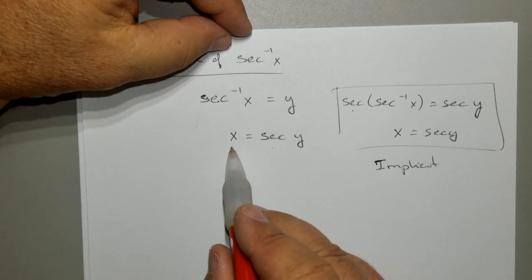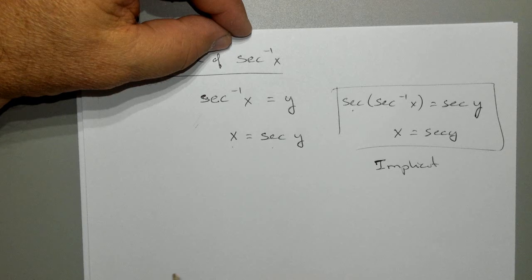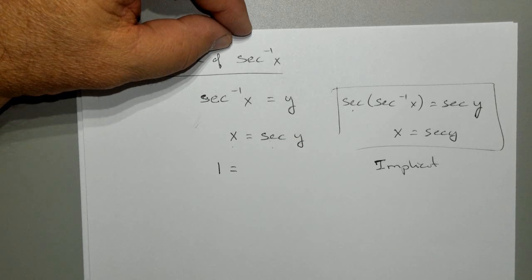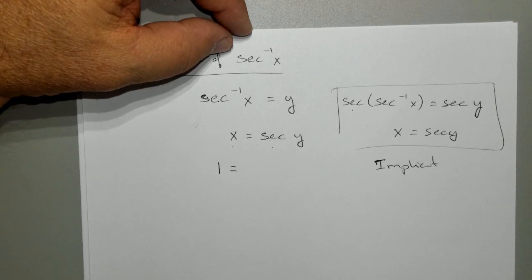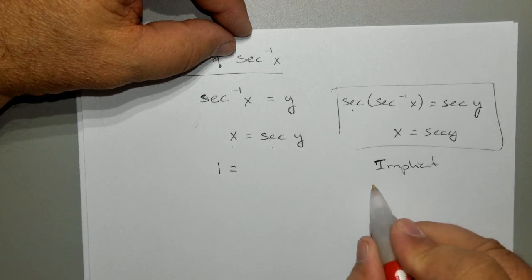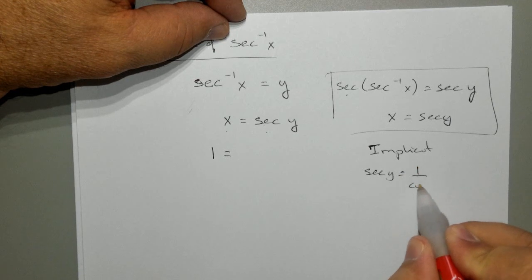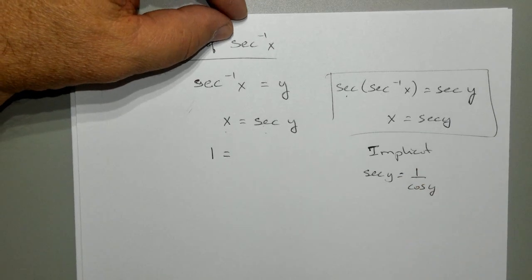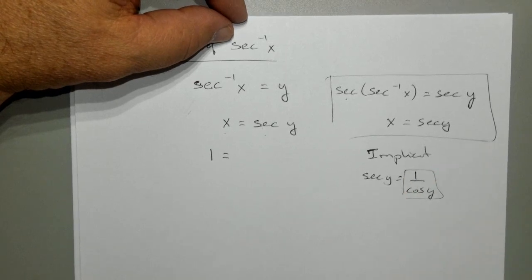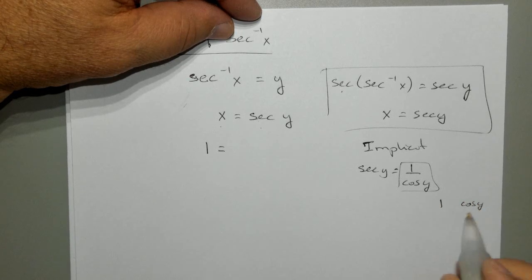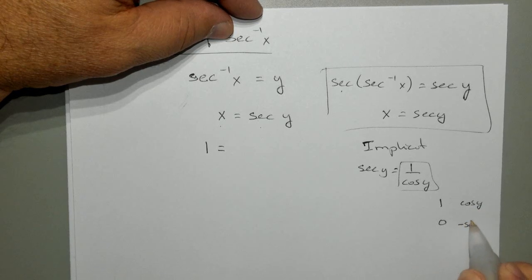So the derivative of x is 1. The derivative of secant y: secant y is the same thing as 1 over cosine y. So we have to take a derivative of 1 over cosine y. Derivative of 1 is 0. Derivative of cosine is negative sine dy dx.